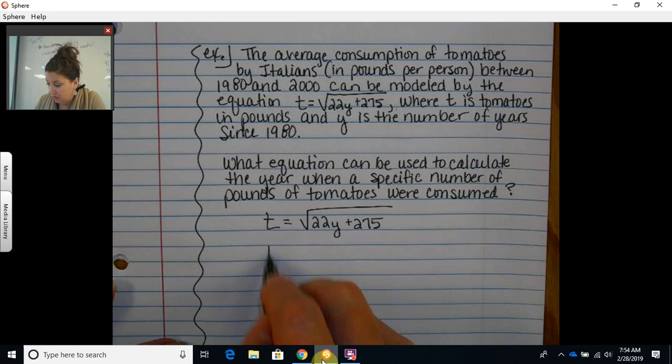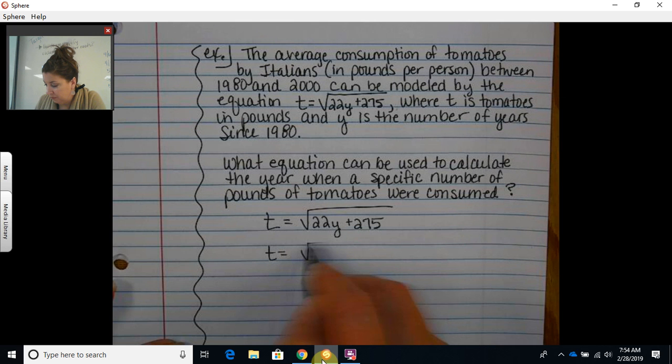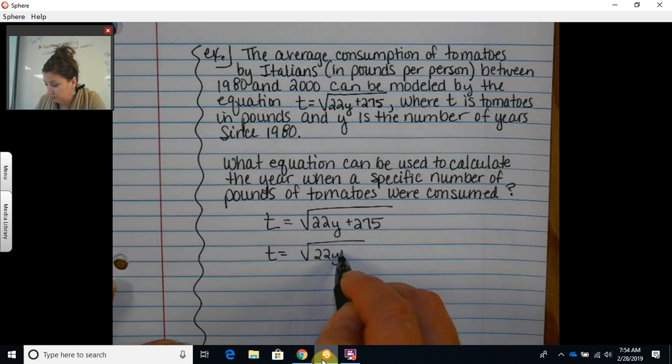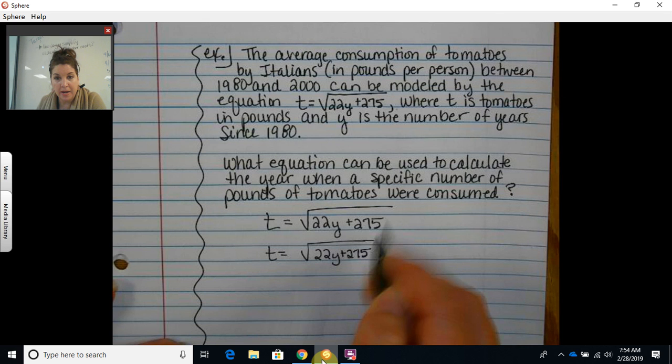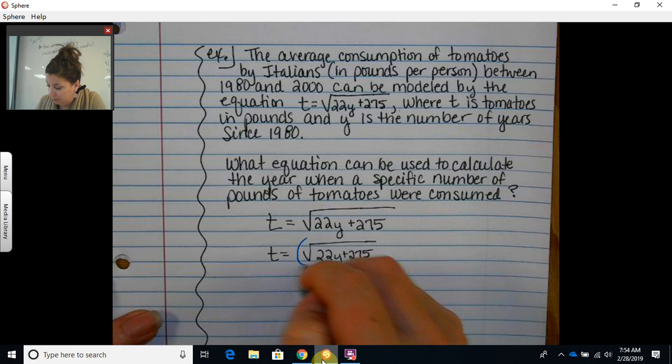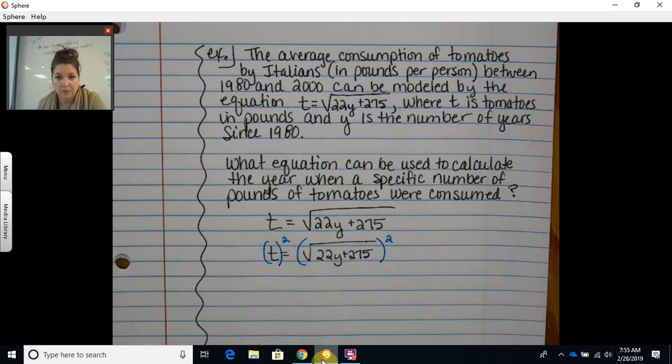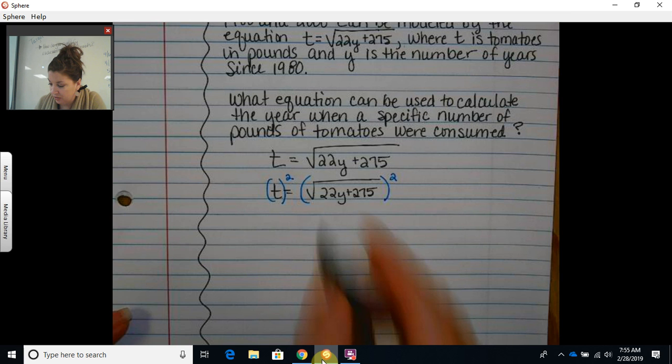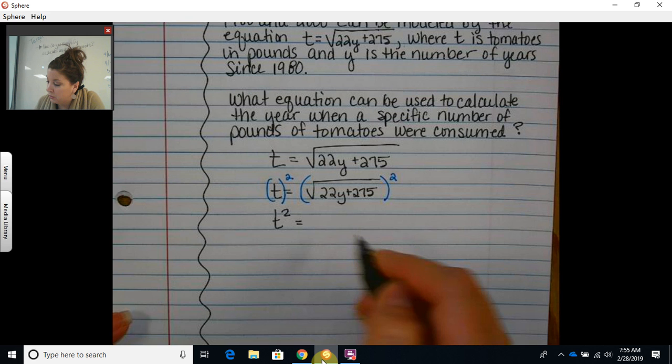So, you know, I like to show my steps. So I'm going to rewrite the problem that shows me squaring both sides. So we know t raised to the second power is just t squared equals, what's the square root of 22y plus 275 quantity squared?